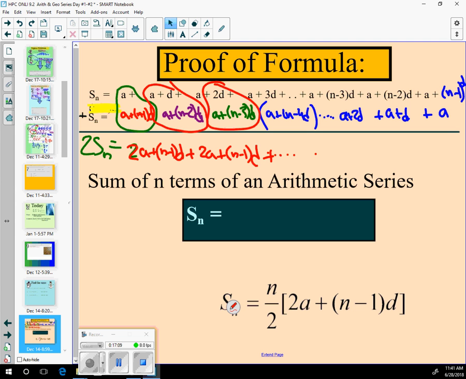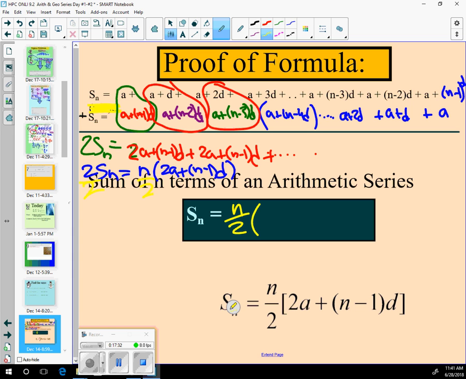So 2 S sub n will be n times the quantity 2a plus n minus 1 times d. If you divide by 2, you get n over 2 times 2a plus n minus 1 times d. Not a super friendly formula, but it's correct.